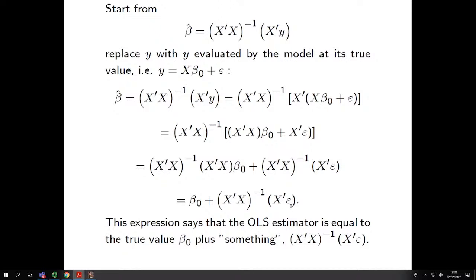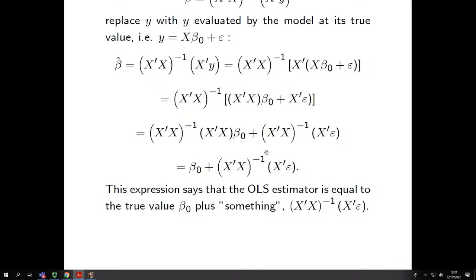And I said yesterday, it's quite clear that this something here determines the properties of the OLS estimator. And we said that if the x, which is unfortunately not our case, were deterministic, if the columns of the x matrix were deterministic columns, not realizations of a random variable, you can apply the expected value here: beta hat would be the true value plus, if the x are deterministic, I can shift them outside the expected value, and I get the expected value of epsilon.